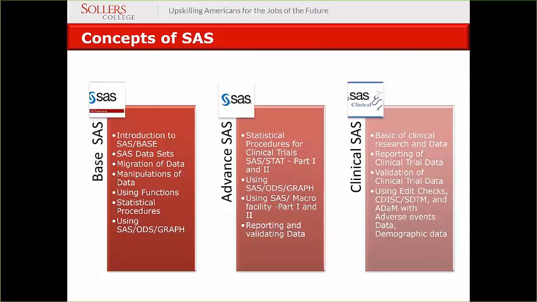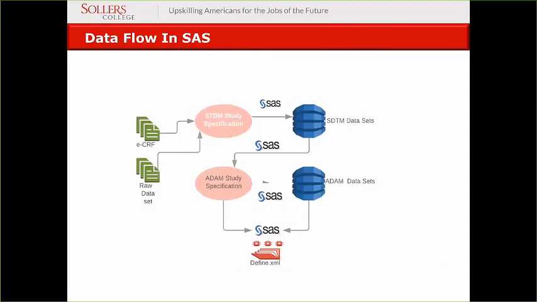I hope everybody knows it. Once you learn clinical SAS with SDTM standards, there are two different formats of SAS data flow, which is happening from eCRFs and raw data sets. All this information is collected into a module called the study data tabulation model, SDTM. There you will format into SAS format and compile the raw data into clinical data.